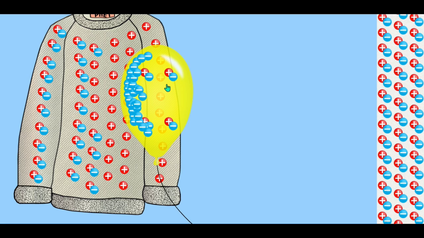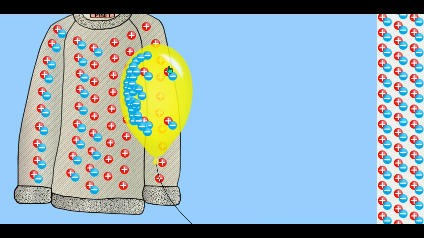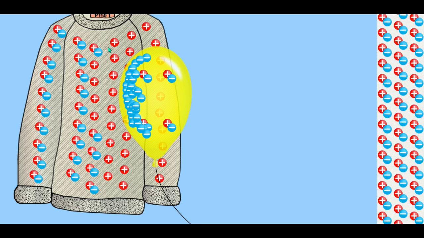Because of the material, the negative charge from the sweater is transferred to the balloon. So now this balloon is negatively charged because it has extra negative charge, or extra electrons, and this sweater is positively charged because it now has extra protons.